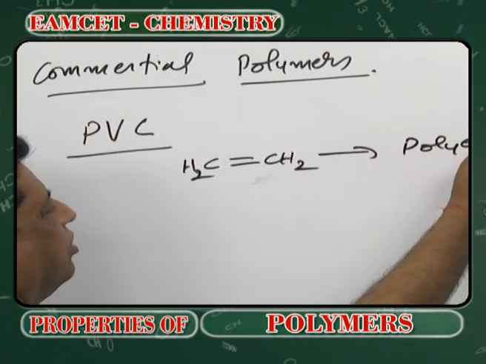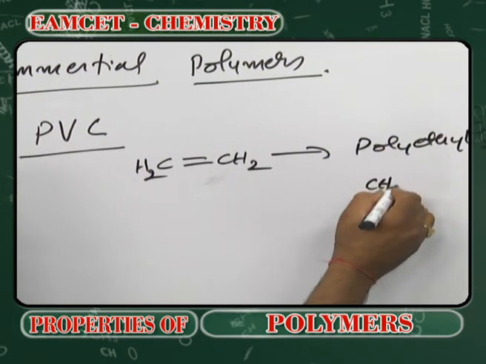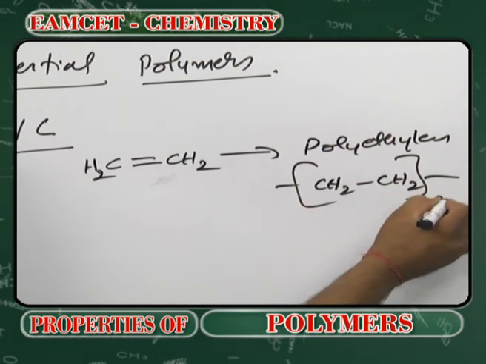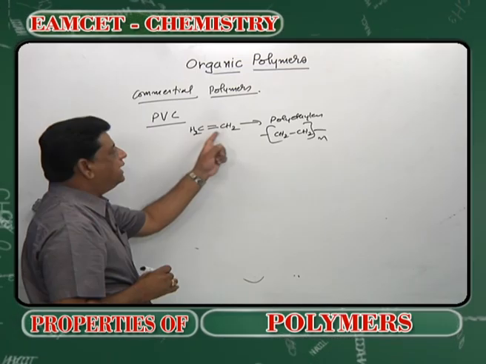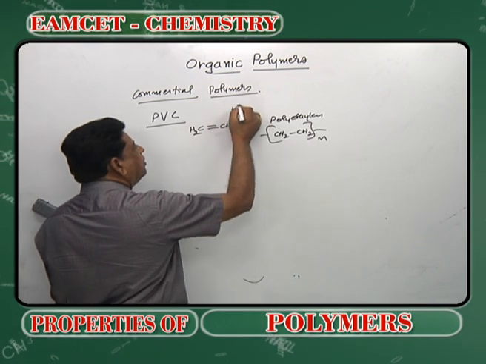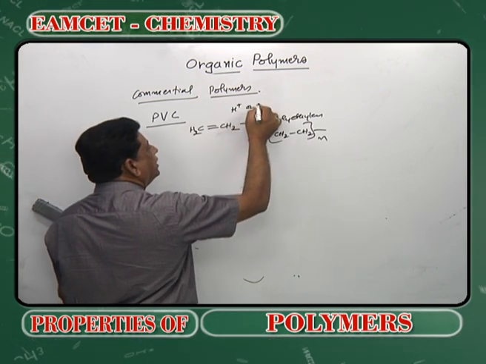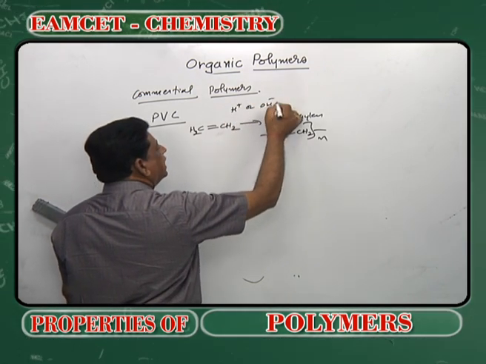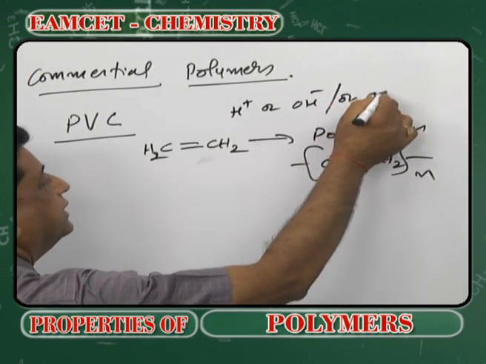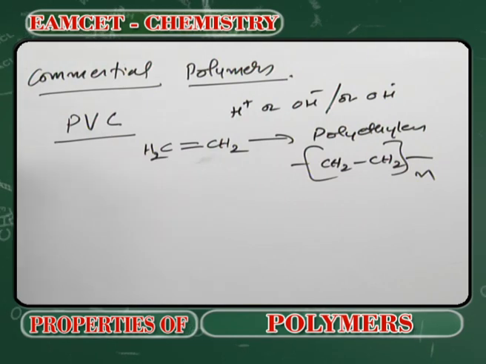What will be the structure of polyethylene? CH2, CH2, n number. This is the ethylene polymerization mechanism. It can be a cationic polymerization, an anionic polymerization, or a free radical type of polymerization. When a radical is used, it is a free radical polymerization.